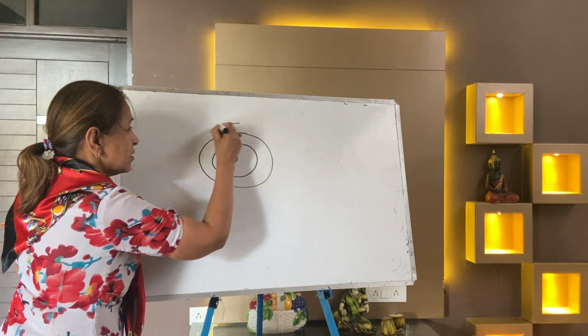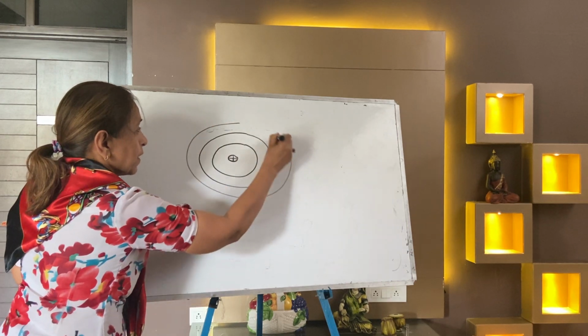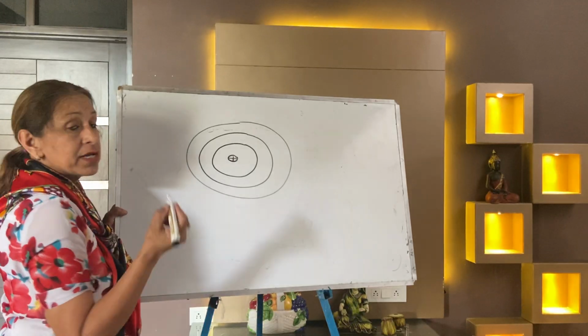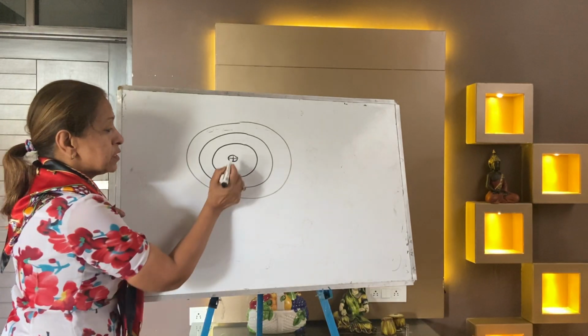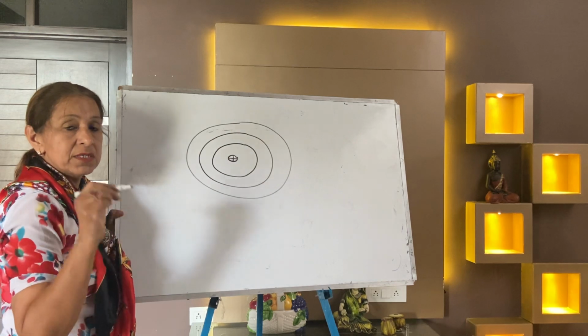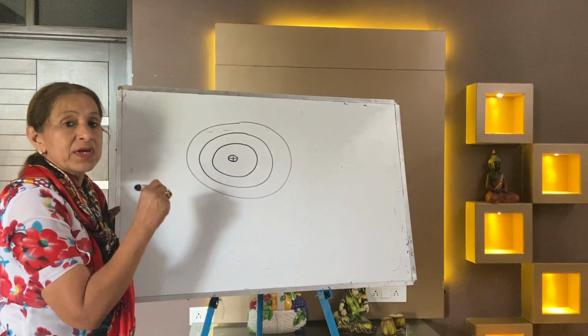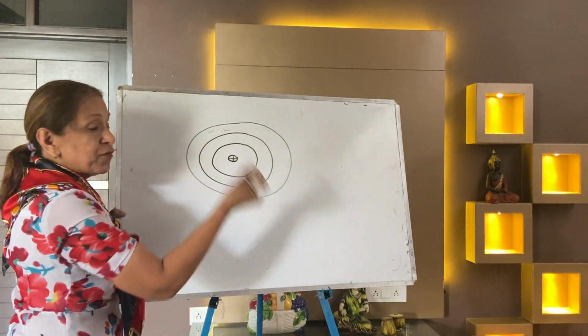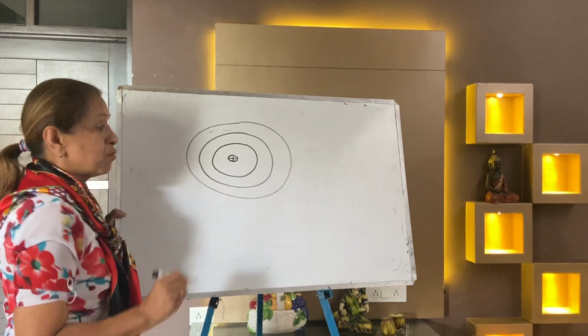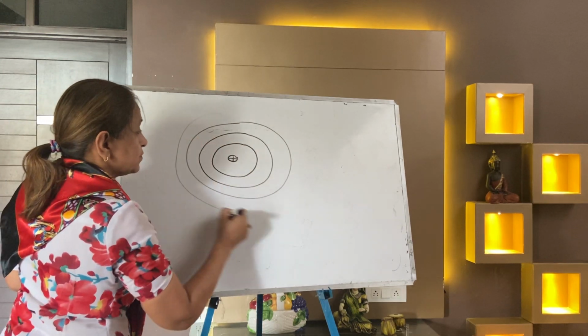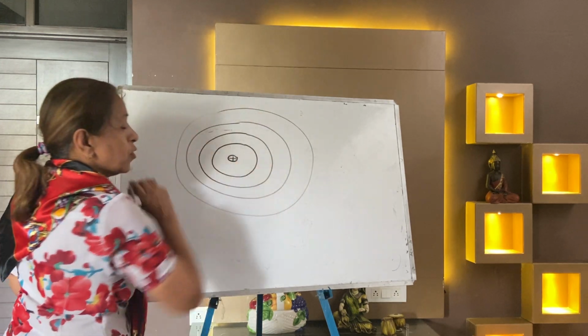They are circular paths. So the first postulate of Bohr: according to Bohr, an atom consists of a positively charged nucleus at the center, and electrons revolve in fixed orbits having fixed energy and fixed angular momentum. These are the orbits. This is your Bohr's model.